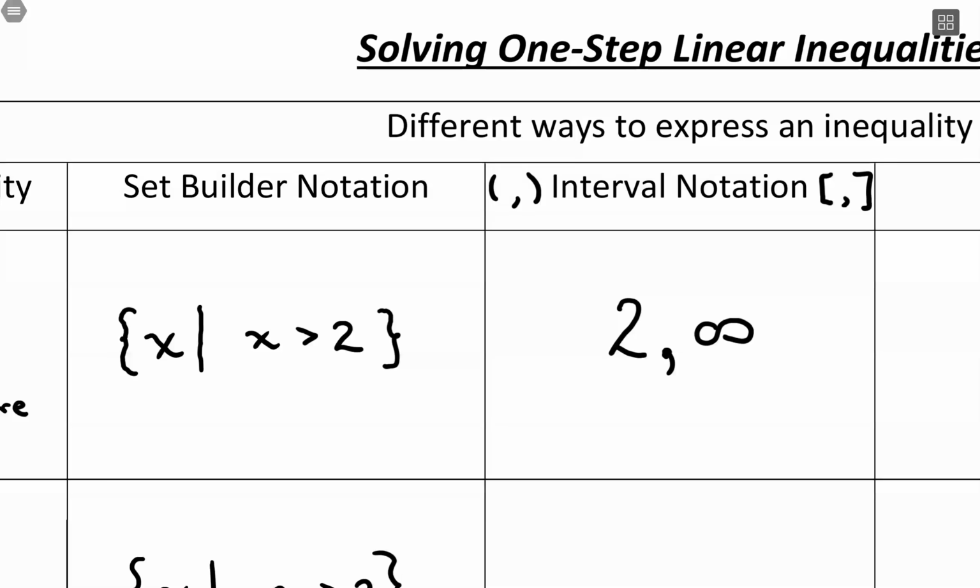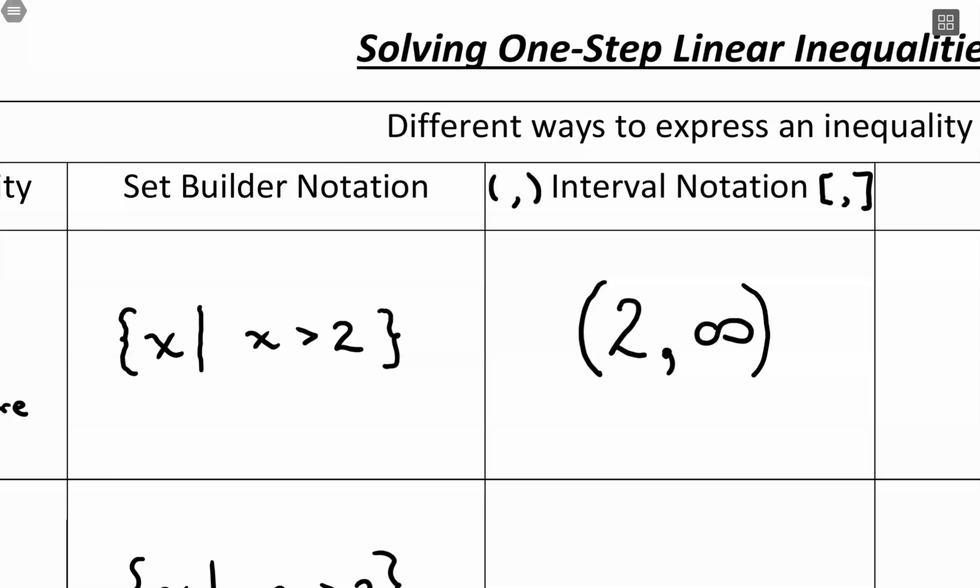Since I don't have equality here, I'm going to use the parentheses. So using parentheses there says it can't equal 2, but it's going to get really close, and that's the smallest value it can hold. And then going off to infinity, we can never equal infinity because we can't define it. As soon as you try to make infinity a number, you can always name a larger number.